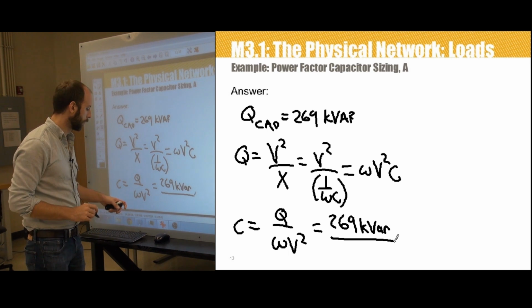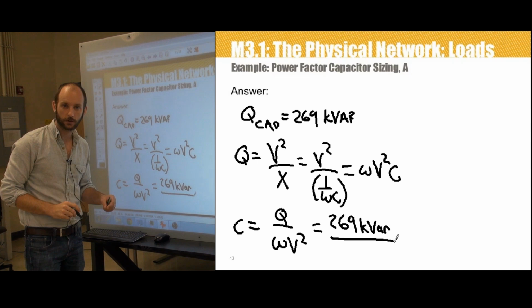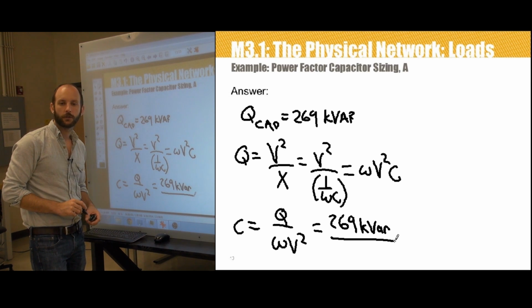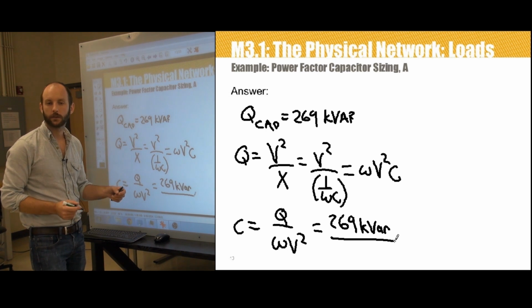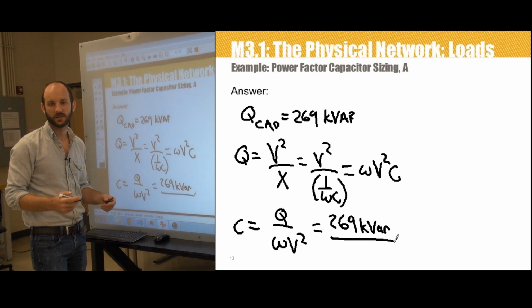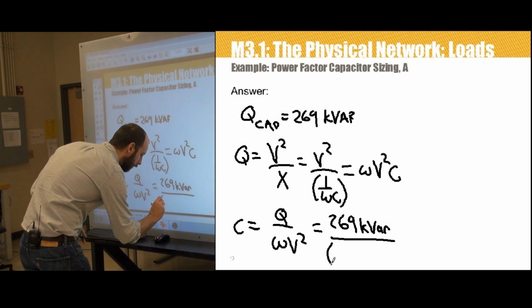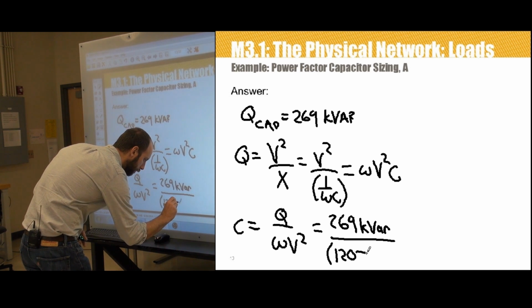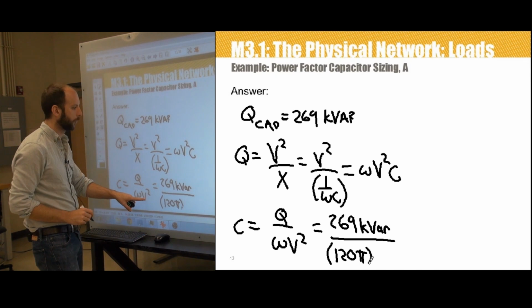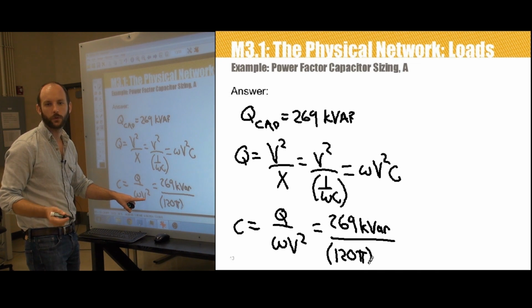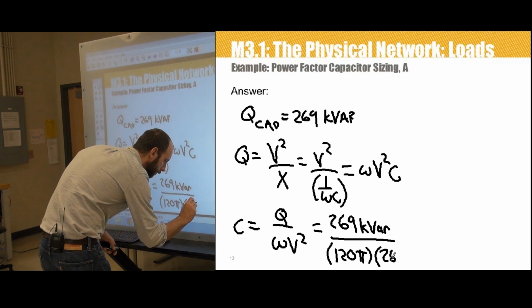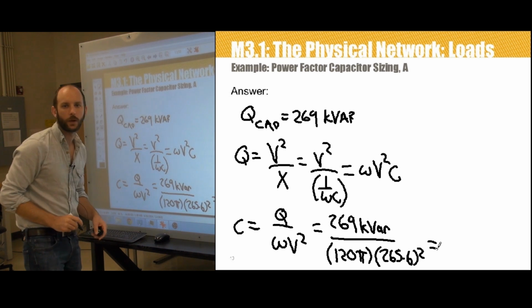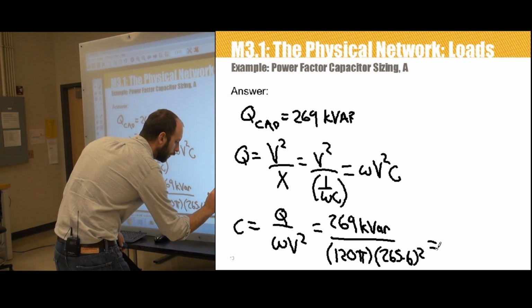Remember, the frequency of the US power grid is 60 hertz. That means the angular frequency is 2 pi times 60 hertz, 120 pi. That's 377 radians per second. Now I need to multiply by the voltage squared. Remember, the voltage was specced at 265.6. We square that, and we end up getting 10.1 microfarads.